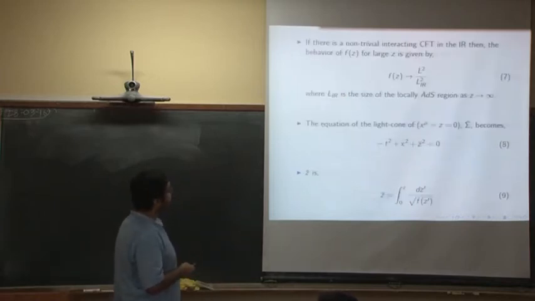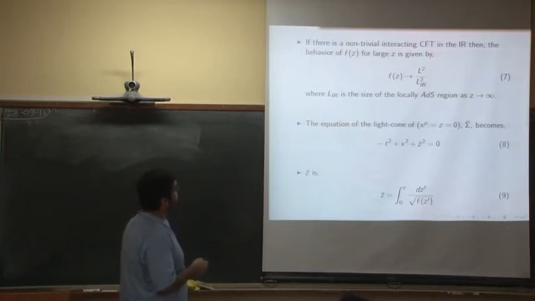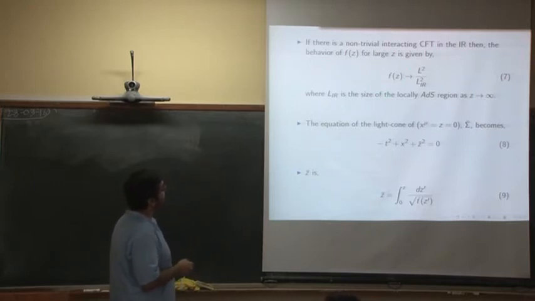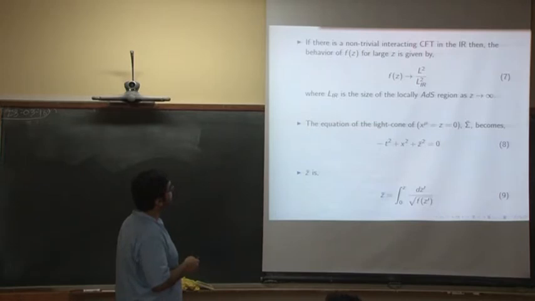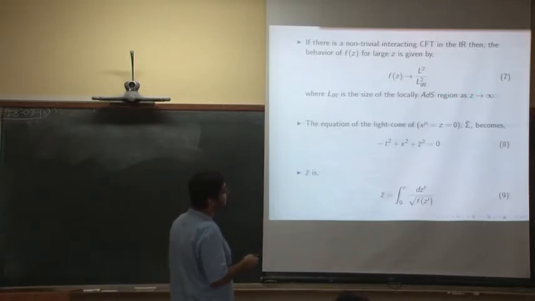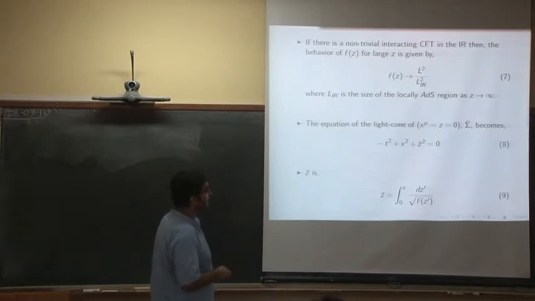Okay, now. So this f(z) satisfies the constraint that if there is a non-trivial interacting CFT in the infrared, then as z becomes large, this f(z) goes to L squared over L infrared squared, where L infrared is the size of the locally AdS region at large z.